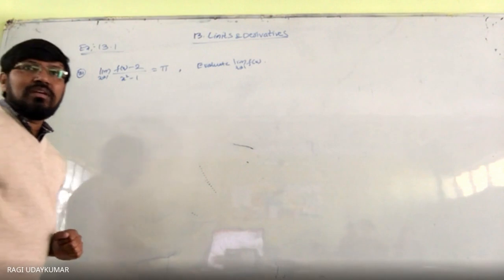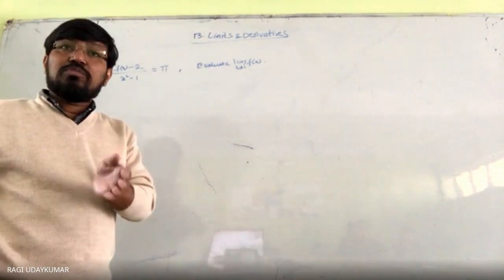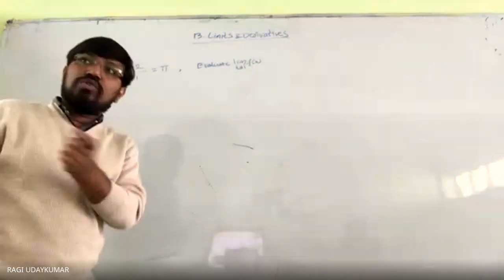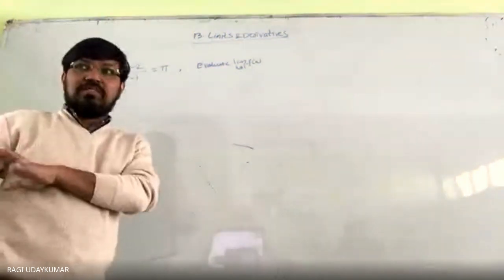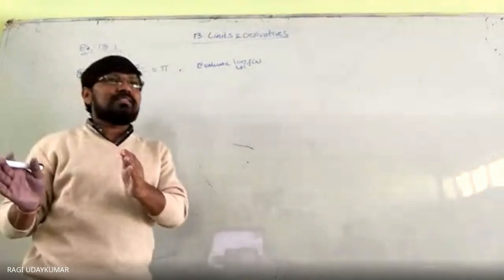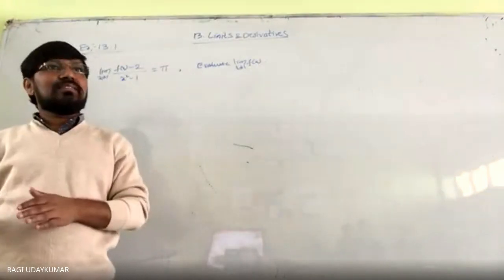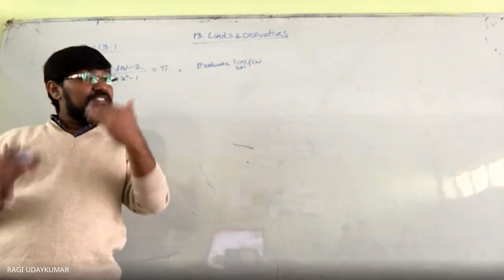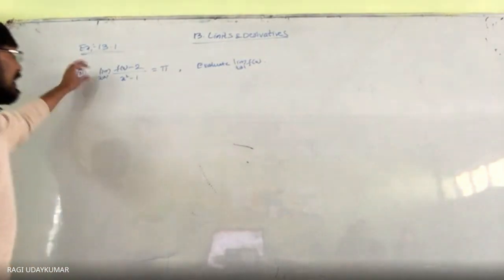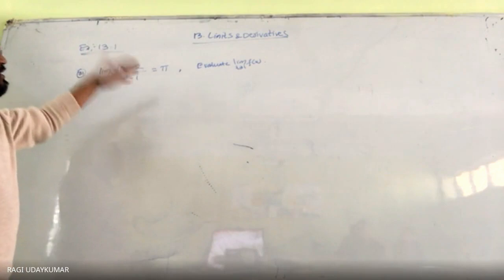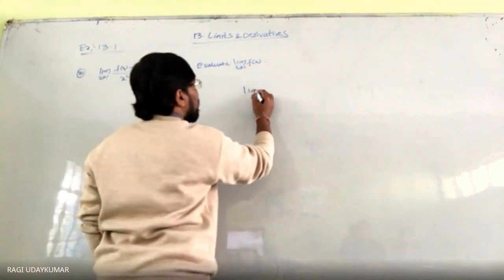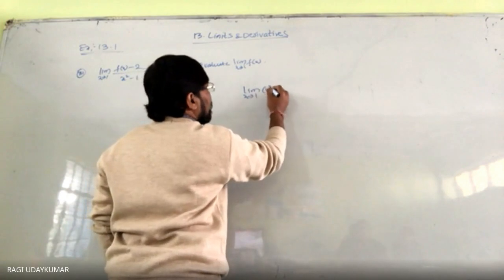Algebra of limits means limit x tends to a of f of x plus limit x tends to a of g of x. If it is plus, we can separate the limits; if minus, we can separate; if multiply, we can take the limits separately; if division, we can take them separately. Here it is division, so we can take these limits separately. And that is one thing, and there is one more thing you need to know.